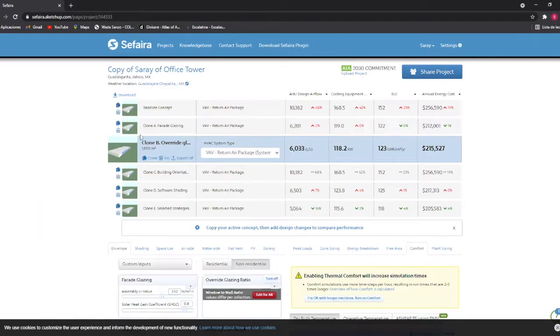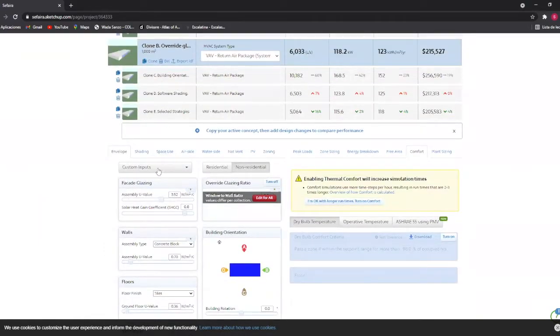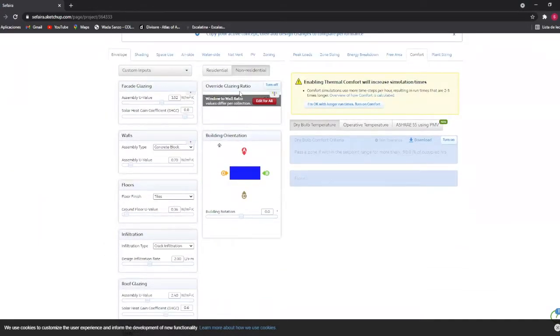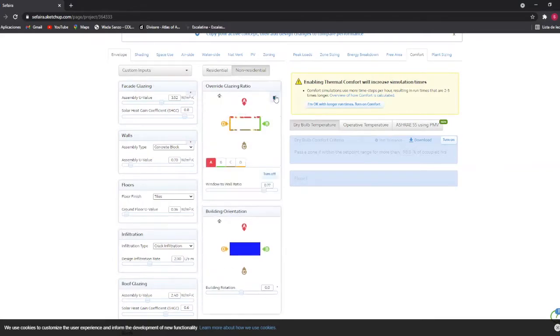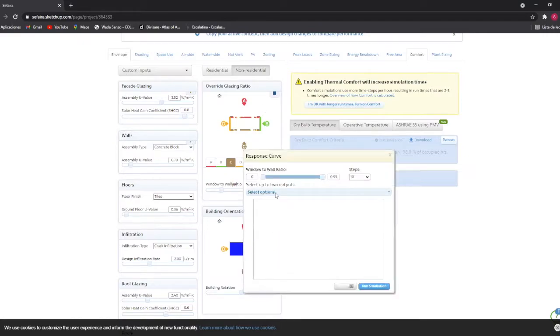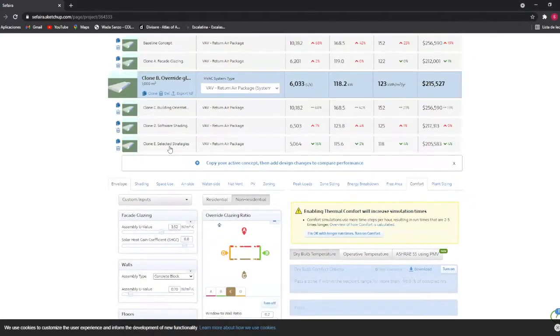We already ran the simulation, so we're going to go to this part and we're going to see the override glazing ratio. We have the same specifications here, and we decided to put 0.2 in the C facade because we changed it in our response curve that we had to run here from 0.2 to 0.9, and that's why we decided that.